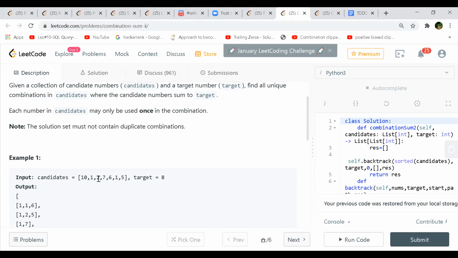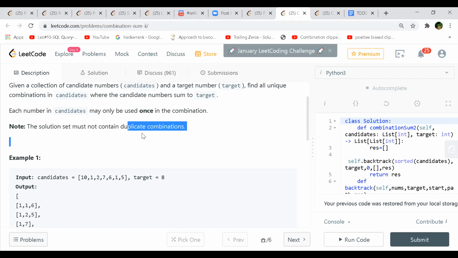So the two things are different: here a number should be used only once, and duplicate combinations are not allowed in both. In the previous one you cannot have duplicate combinations, but you can use one element multiple times.